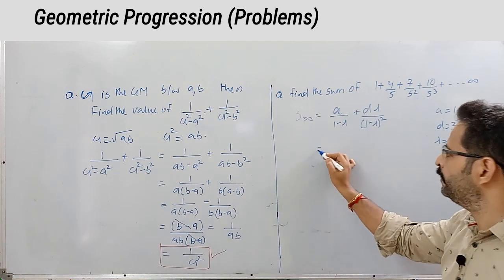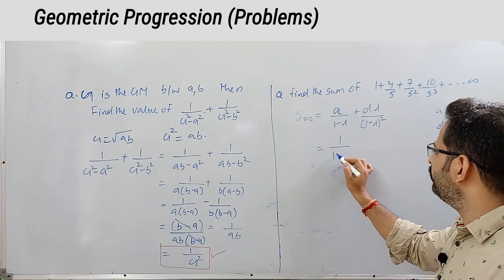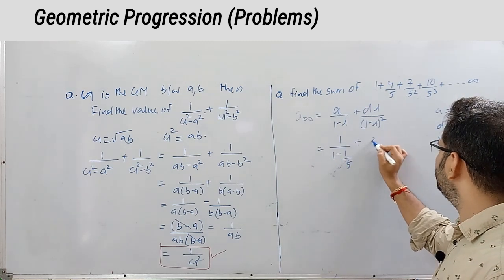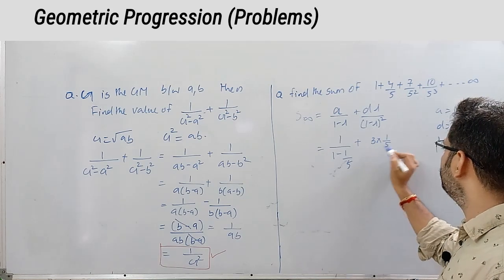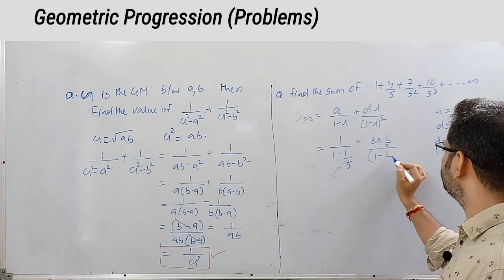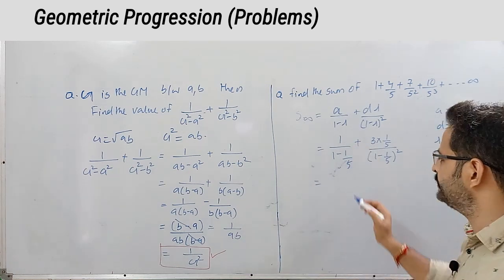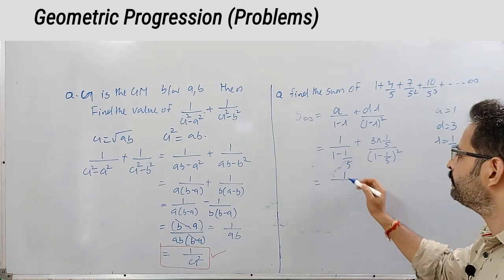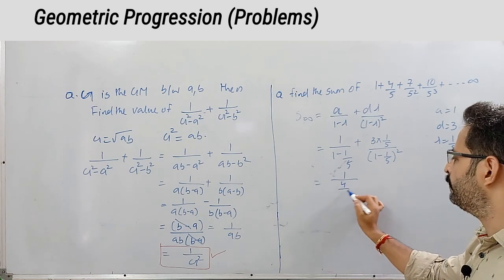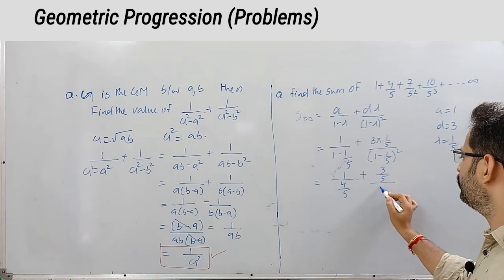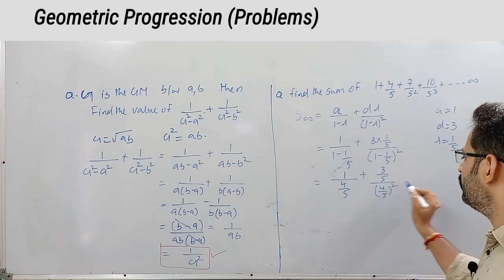Substituting the values: 1 divided by 1 minus 1 by 5 plus 3 into 1 by 5 divided by 1 minus 1 by 5 the whole square. First term, taking LCM, 1 divided by 4 by 5 plus 3 by 5 divided by 4 by 5 the whole square.